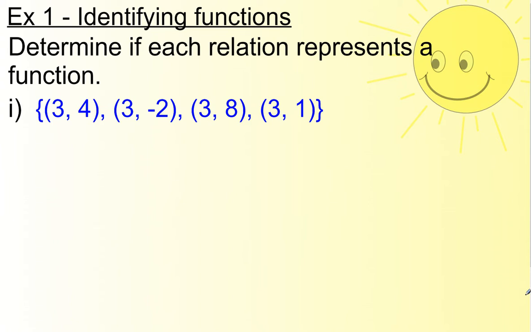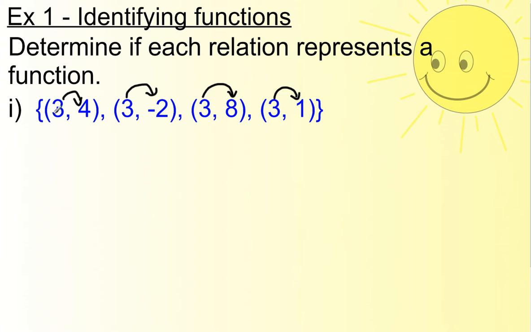All right, so I can tell by looking at this that this is not a function. Now, I'm looking at this just the way you are right now, where this is just a list of points, but I can see 3 is going to 4, 3 is going to -2, 3 is going to 8, and 3 is going to 1.